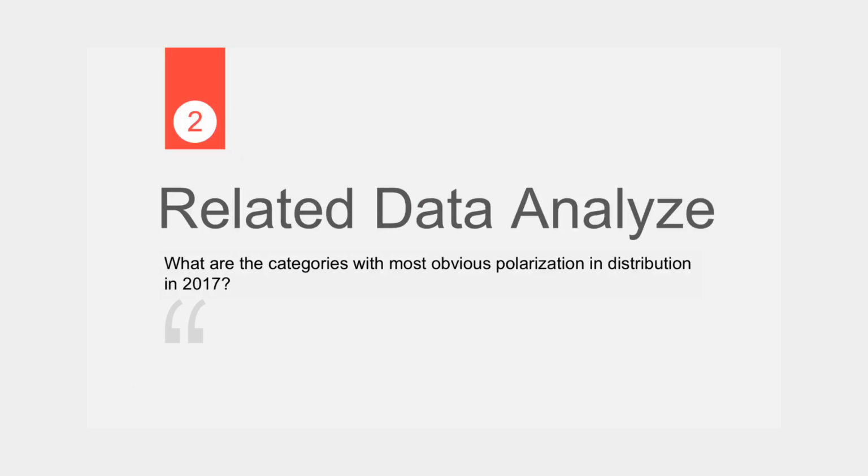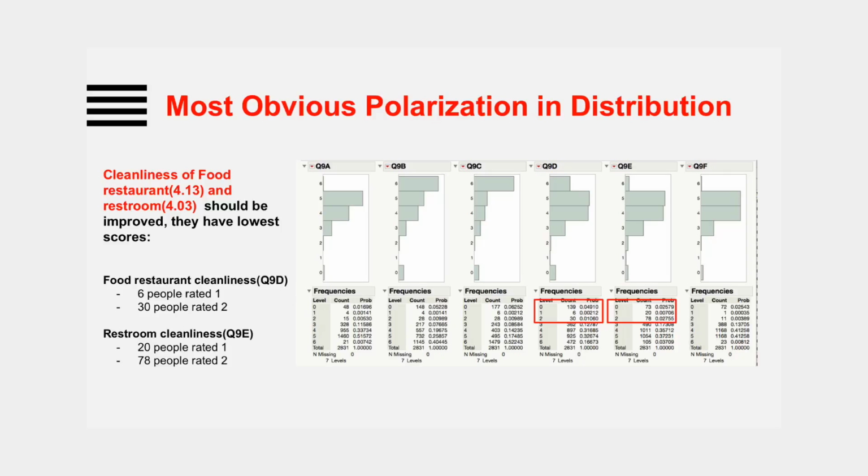So let's talk about the second question. This question is mainly about the 2017 data, and since in the previous question we already analyzed Q7, now we want to focus on different aspects.